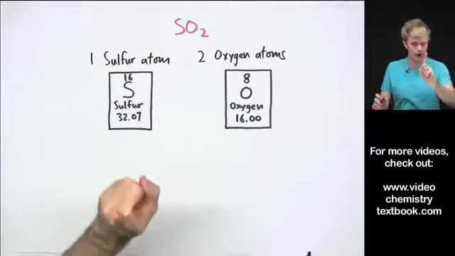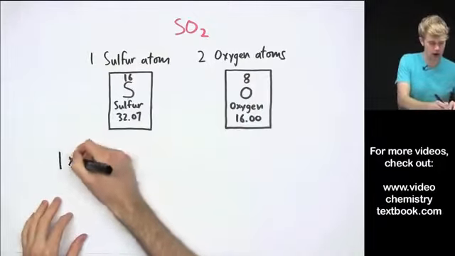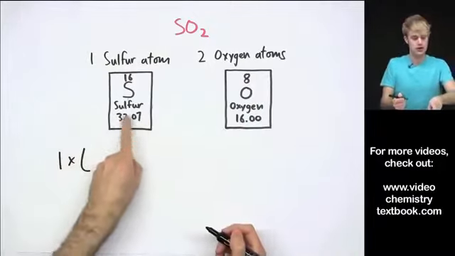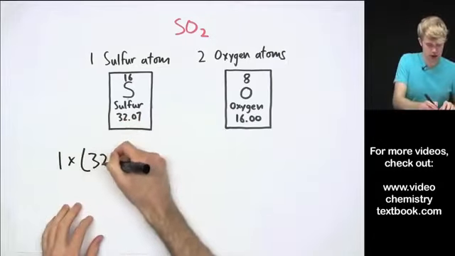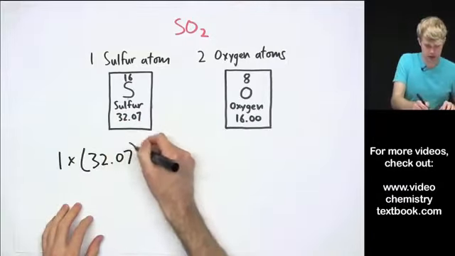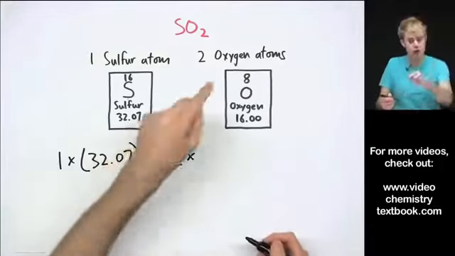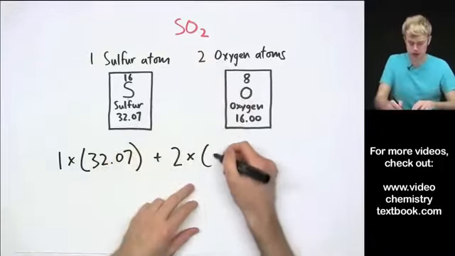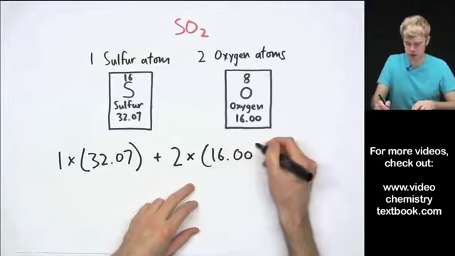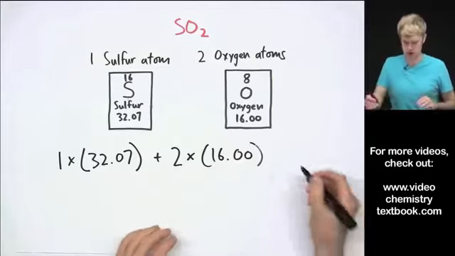So we have one sulfur atom, so I'll do 1 times how much sulfur weighs, which is 32.07, plus 2, because I have two oxygens, 2 times how much oxygen weighs, which is 16.00.